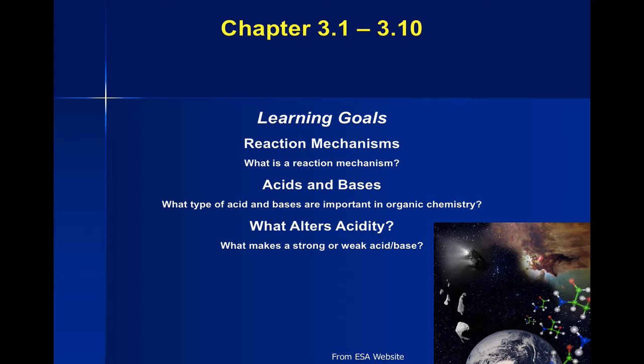And arrow pushing is a formalism, okay? And it is part of the language of organic chemistry that you all are going to learn. You are going to become proficient at arrow pushing by the time you leave this class in 256. Day one, I promise you, you will not get it as well as you think you should. It takes time to develop that skill, and we'll allow you the time to develop that skill, okay?